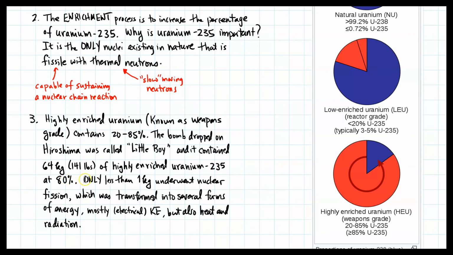When the bomb went off, less than 1 kilogram went through nuclear fission, which was transformed into several forms of energy, mostly kinetic energy, which we already talked about, but also heat and radiation. So this enrichment that they're talking about is this case right here.